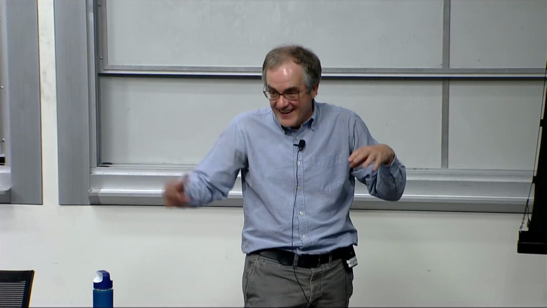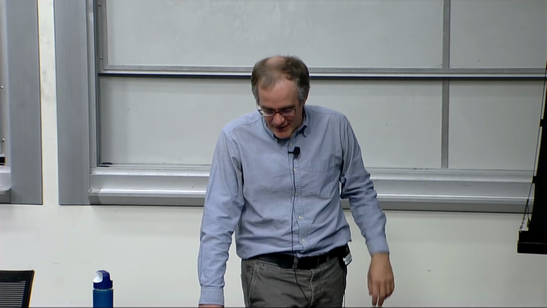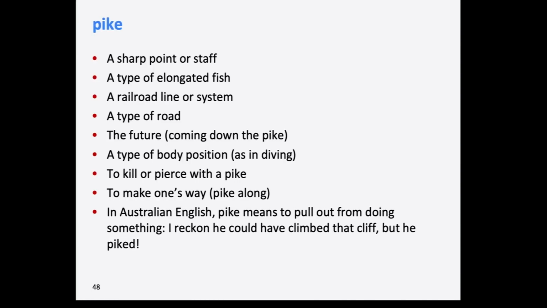It's a road. So there are lots of meanings. In Australian English, pike is also used as a verb to mean to pull out of doing something. Like, we were all going to go out to a nightclub later, but Joe piked. I don't think that usage is common in this country, but you can try it out.